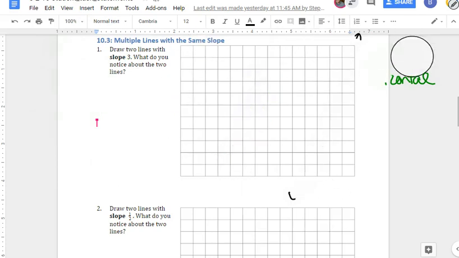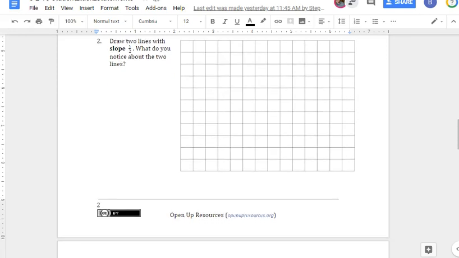Okay, so let's do another one. So this time, my slope is 1 over 2. So 1 is going to be my vertical number, 2 is going to be my horizontal number. Before I get started, I want to come up with an equivalent fraction.